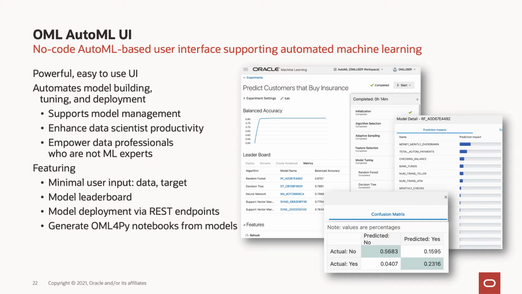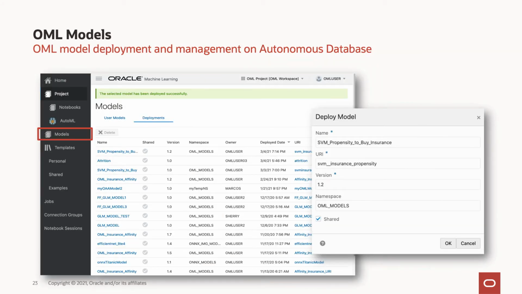So it requires really minimal user input, but it does give you a leaderboard of models, and it shows you the best metrics that each model has, so you can choose and compare models. And then we have another interface, which is the OML Models, which not only allows you to check models that are currently in database, but also allows you to deploy the models and verify the deployments.